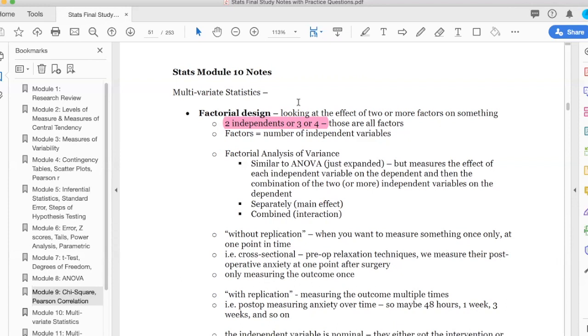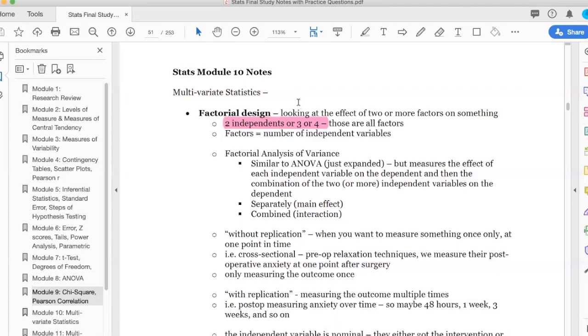On nurses actually quitting or staying. So you've got one dependent variable. You want to know what's affecting nurse retention, how much of that is caused by burnout, how much by violence, how much by shift work or whatever. Those are terrible examples, but hopefully that makes sense. Your independent variable now has more than one.